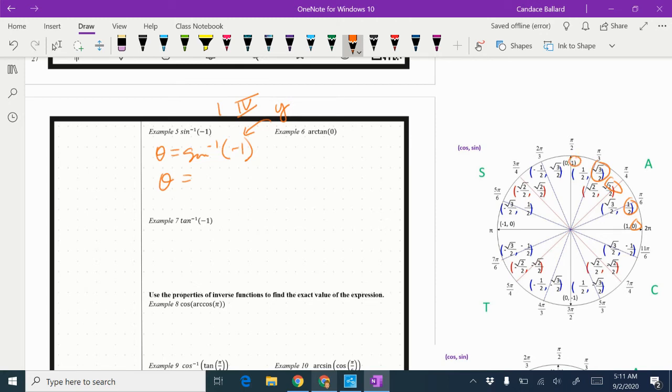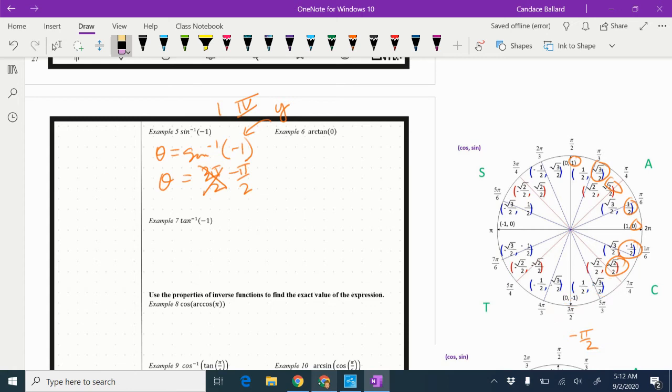I went the wrong direction. That was quadrant 1. Here is quadrant 4. You notice the only y value that has that is 3π/2. Ooh, but I'm not allowed to use that. Remember, we relabeled this as -π/2. So I want the -π/2, because that's the proper way to write it in sine inverse trig.